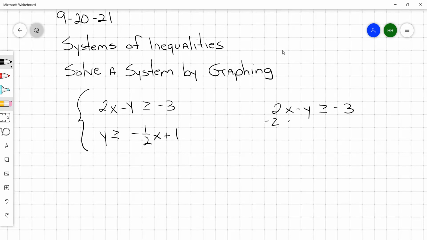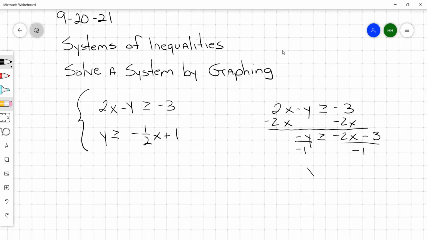Gonna subtract 2x from each side. And when I subtract the 2x, I'm going to put the -2x next to the inequality because I'm looking for slope-intercept form. And when we're dealing with slope-intercept form, this y has to be positive, so now I divide everything by -1.